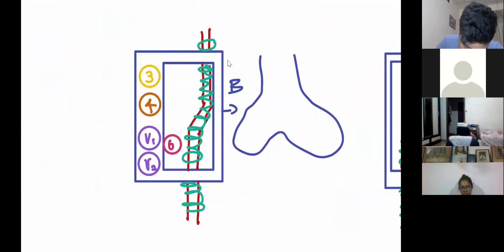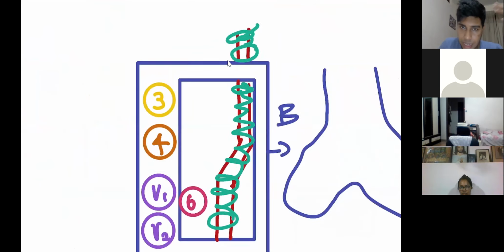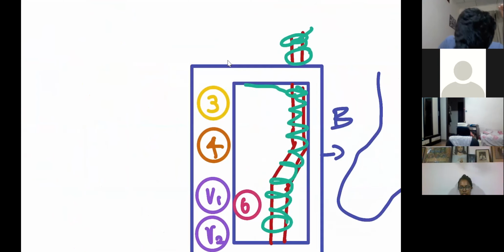Can someone tell me what is the function of the sympathetic nervous system? Basically fight or flight response. You see a lion, you get scared and you need to dilate your pupils. Here you have a supply to cranial nerve 3, and you also have a supply to V1.